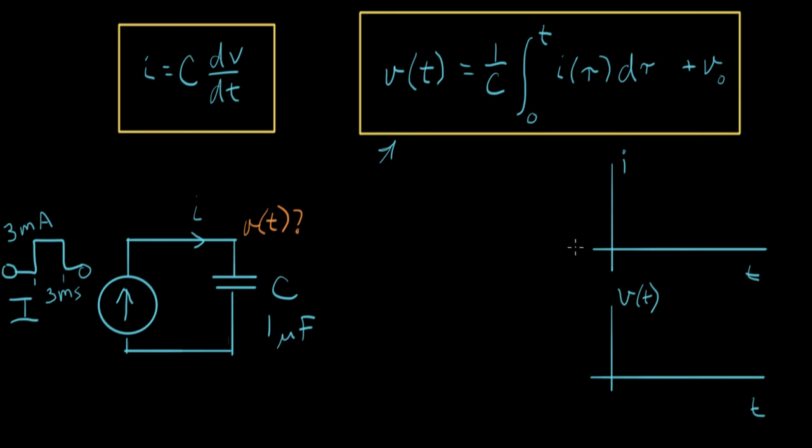We'll plot I this way in time. It's 0, and then it goes up to some value, and then it goes over. So it's a pulse of current. And we said that that was 0. This is 3 milliamps. And this is 3 milliseconds. And now what we want to do is find V of t.